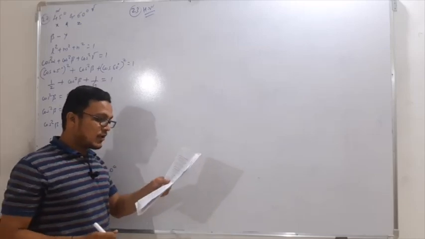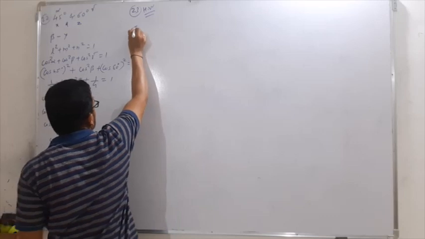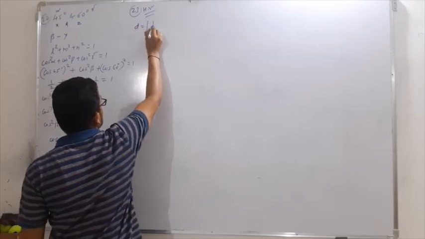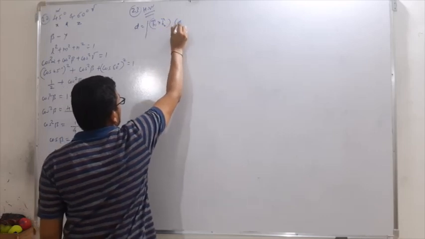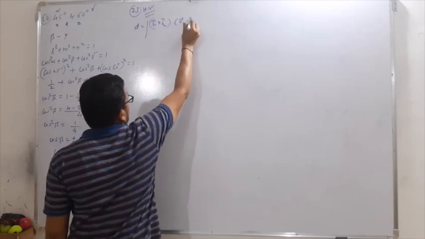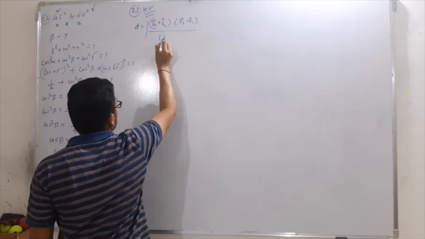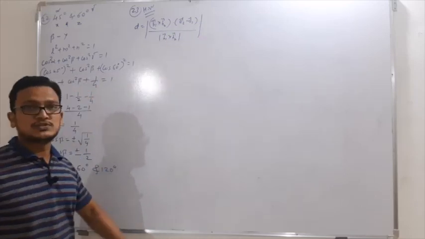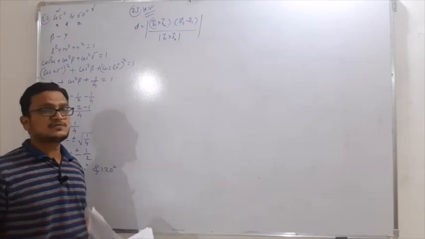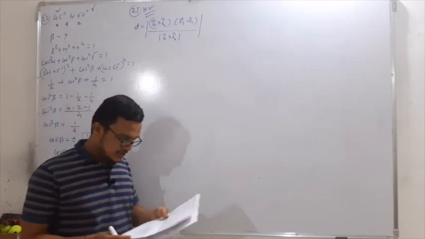I think this is the problem of skew lines. So the formula is D is equals to magnitude of B1 cross B2 dot A2 minus A1, divided by magnitude of B1 cross B2. So this is the formula. With the help of this formula, please simplify this question.